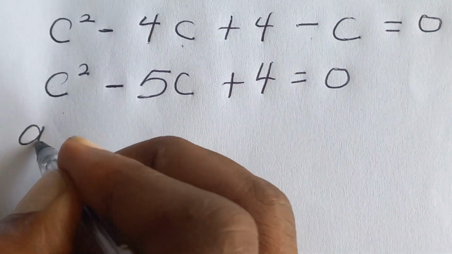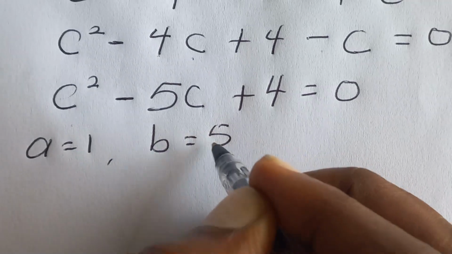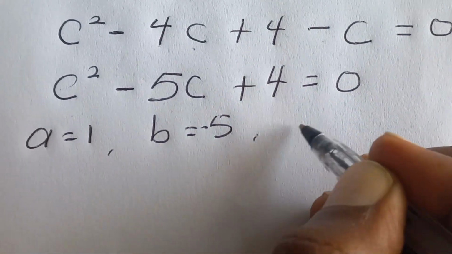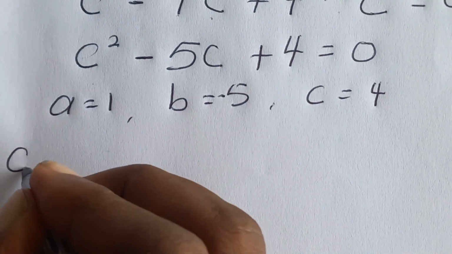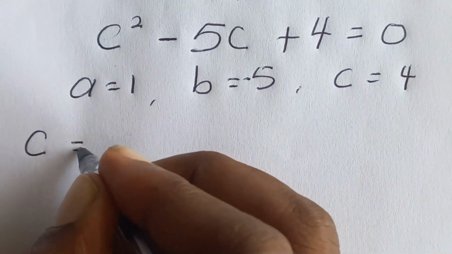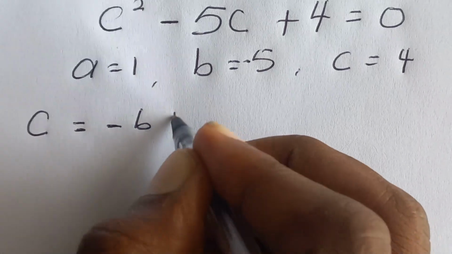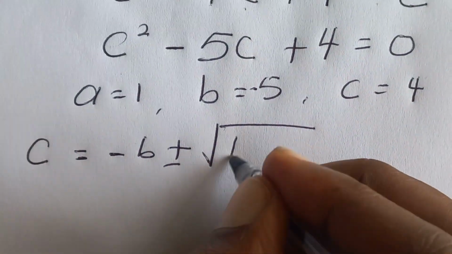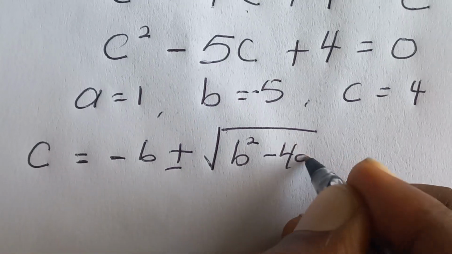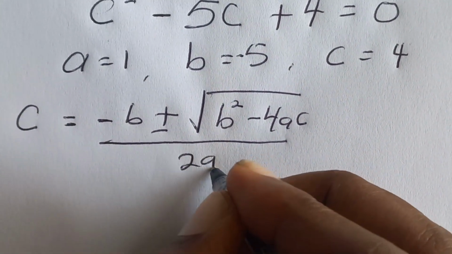So, let's solve this using the quadratic formula. Now, our A is 1, B is negative 5, and our C is 4. So, we have C is equal to minus B plus or minus square root of B squared minus 4AC, all over 2A.